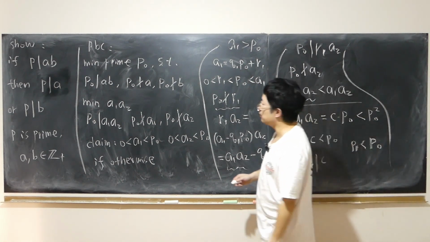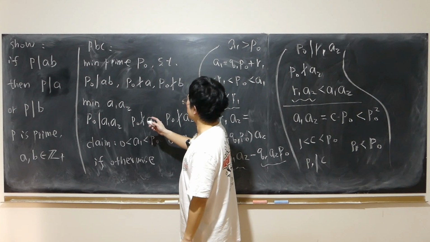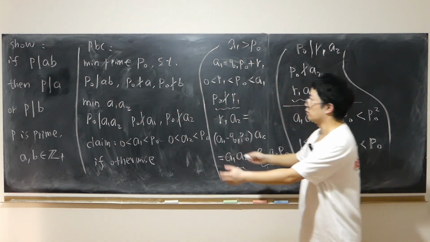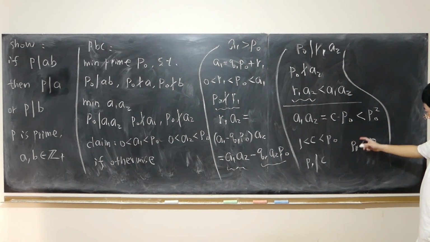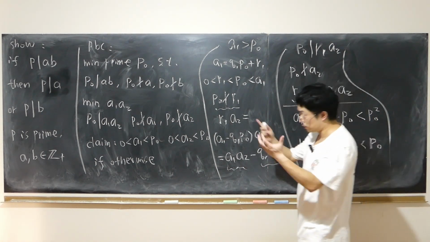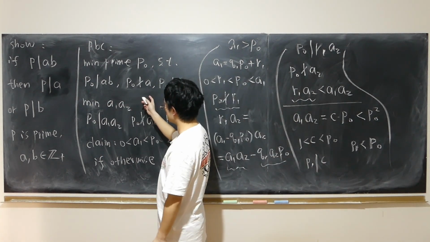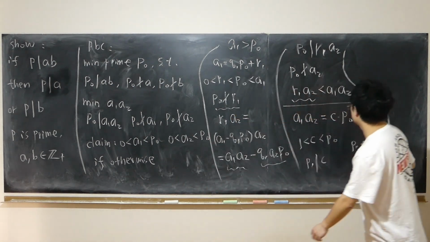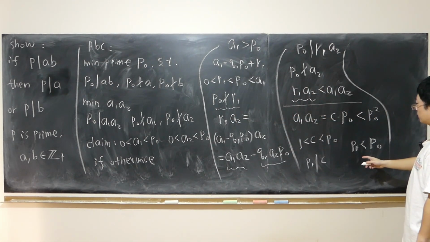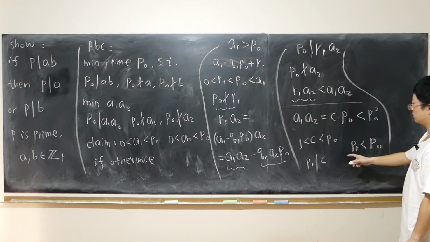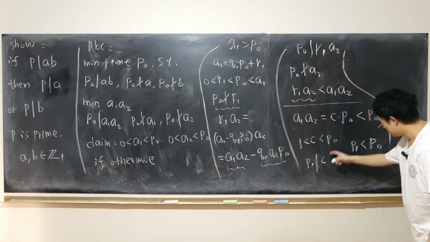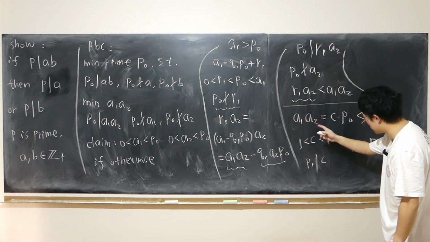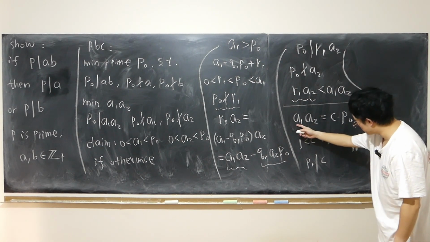And also, P naught, like I said, is the minimum prime that satisfies this condition. So any prime that's smaller than P naught does not satisfy this condition, meaning even though P1 divides C, of course, it divides A1 times A2, which means P1 divides at least one of them.